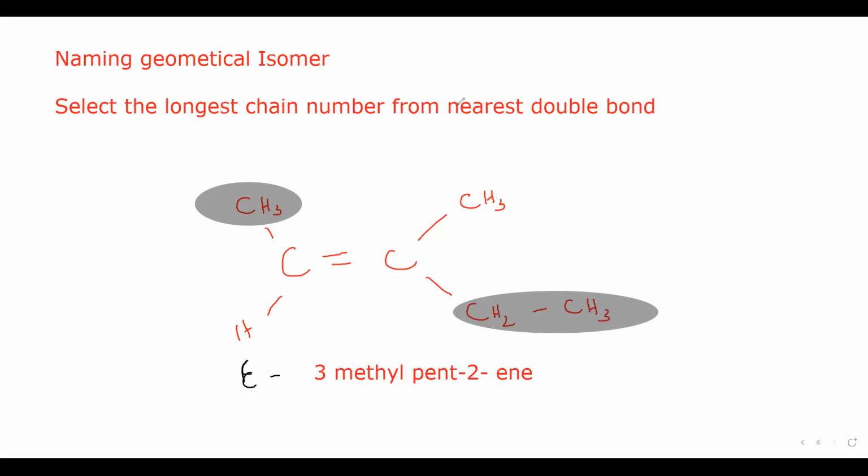Normally cis and trans are used for identical heavy groups. When the same type of heavy groups are attached, like if one side is CH3 and the other side is also CH3, then we use the terms cis or trans. But if there are different types of heavy groups, like in this example, a CH3 is connected on one side, and on the other side the heavy group is CH2CH3. So they are different masses of heavy group, so we use the term E instead of trans.